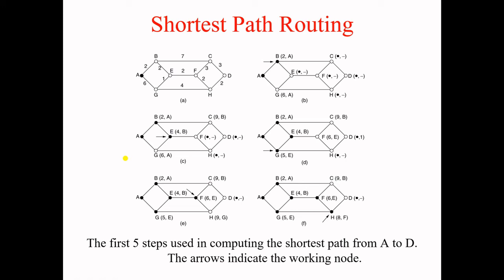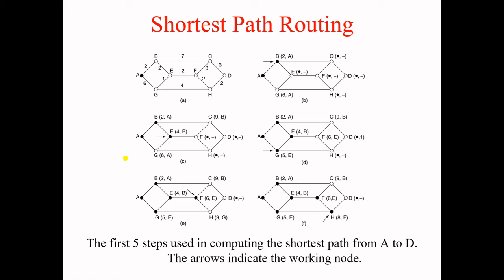In this diagram, there are 6 steps. The first 5 steps are used in computing the shortest path from A to D, which means in this network, A is the source and D is the destination.